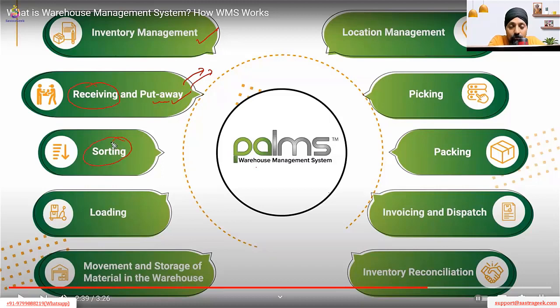Then we have sorting, sorting out the materials whenever it is required, loading the materials into the trucks, movement and storage of the materials, picking the materials, packing the materials, invoice and dispatching, okay, location management, which location it needs to be stored so that it can be used whenever it is required in an optimum way. Finally, inventory reconciliation, we need to do it. Whether the inventory which has been managed is matching the real, physical inventory or not. Those kinds of things also we need to do. So these are the activities which are required in a warehouse.